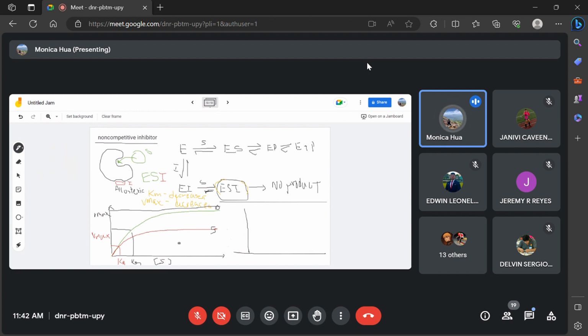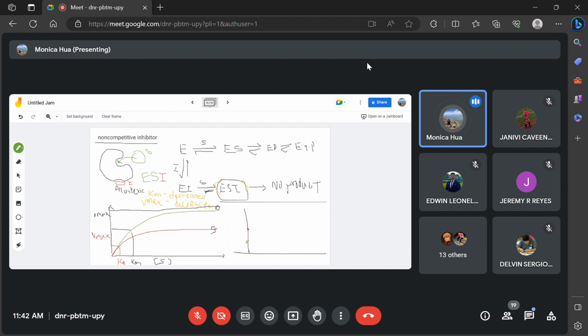Then 1 over 10 will be 0.1 and 1 over 5 will be 0.2. The 0.2 will be higher, which is the lower Vmax, and the higher Vmax, 1 divided by 10, will be 0.1, which is lower.